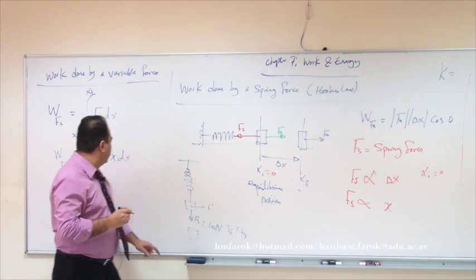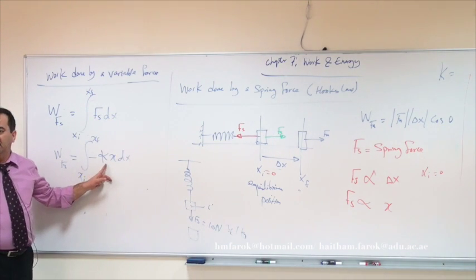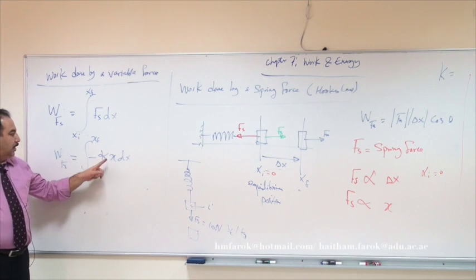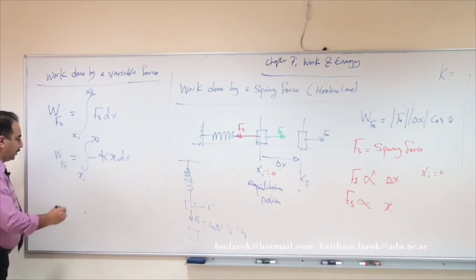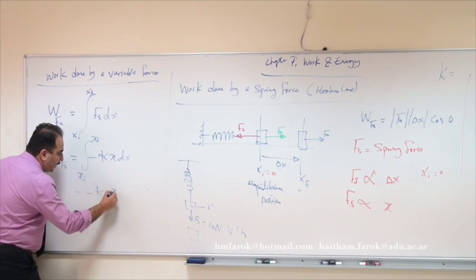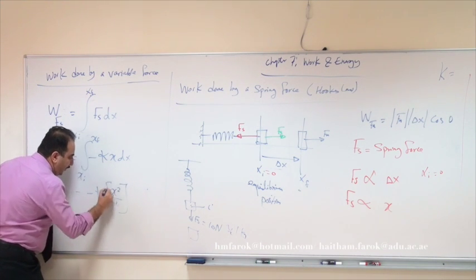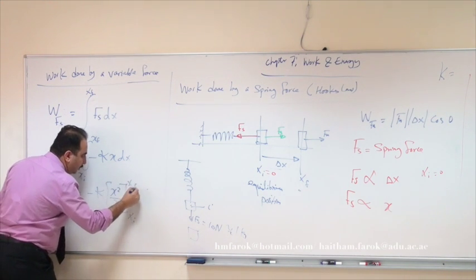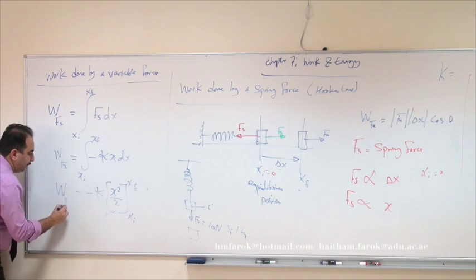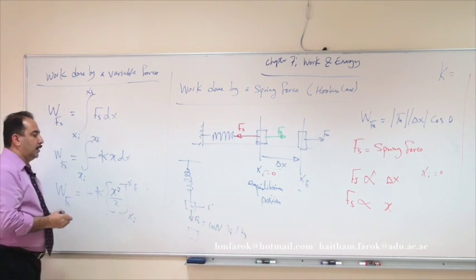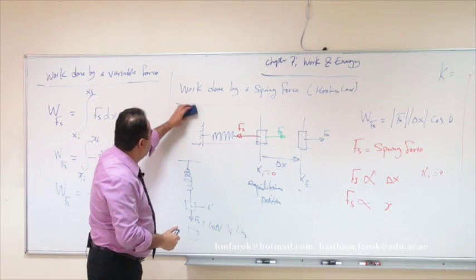Now, what's the integration? Minus kappa is constant, outside. So you have to integrate x only. So you'll have minus kappa x square over 2. And the limits from x initial to x final. This is the work done by the spring force. Let me move this one.